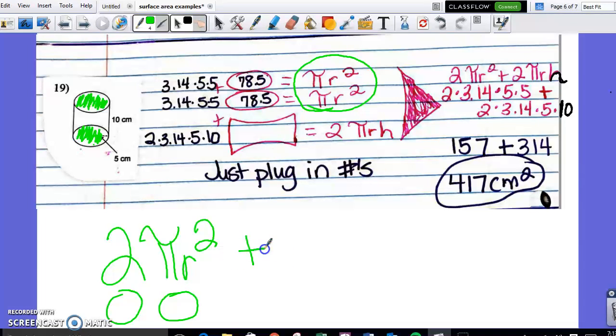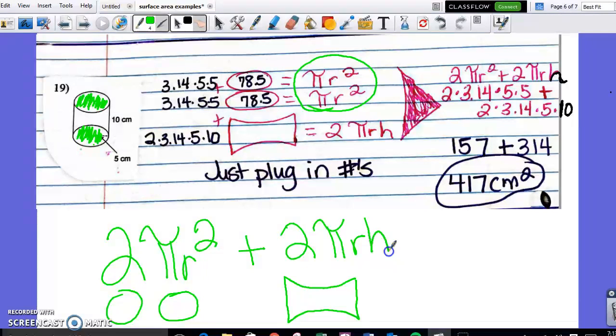Now, the next thing that you're going to do is the little piece that goes around it, like a Coke can. You have it like this, sort of. It's not the best drawing, but just go with it. The formula for that is 2 pi r h. They know that all the figures that go around a can, that's always the formula to find the area.